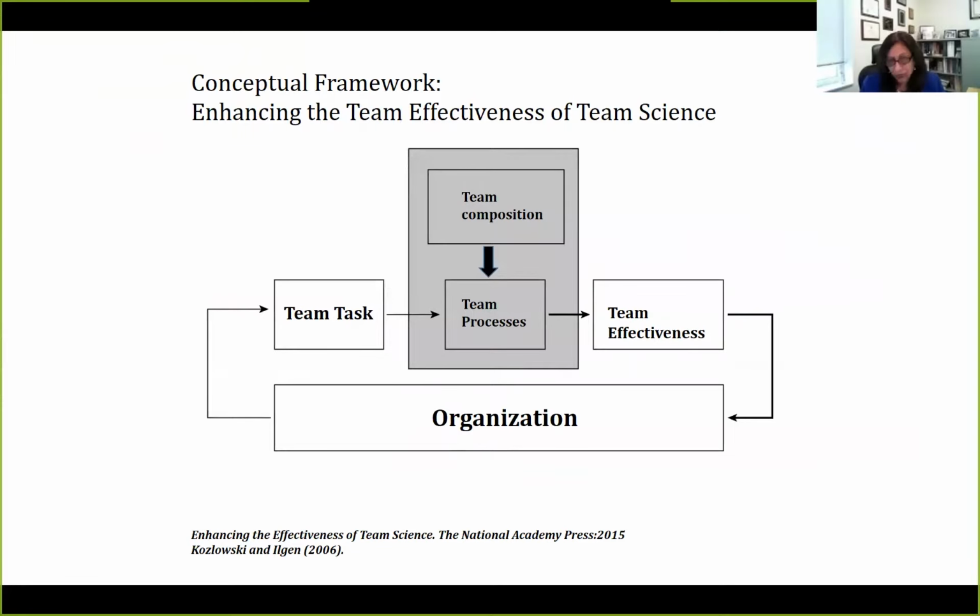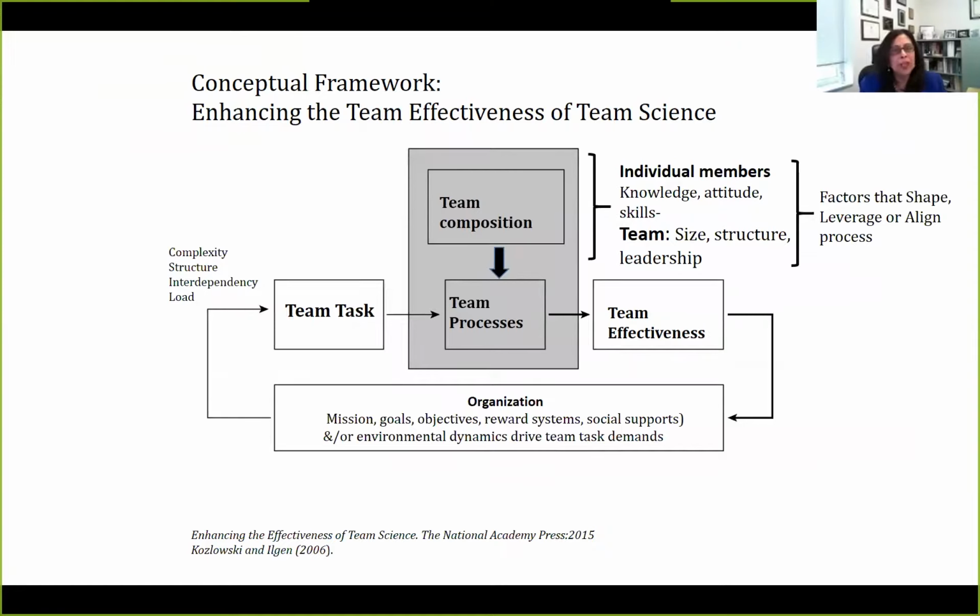Then I would like to share with you that it is an integrated, cyclic process. You have a team composition, and when we say team composition, they are the individual members, who also have their own knowledge, attitude, and skill set.